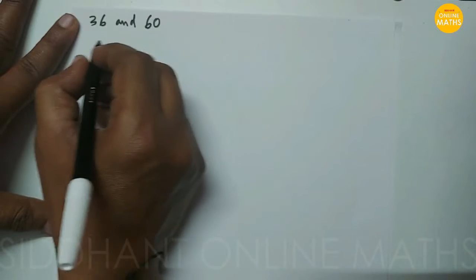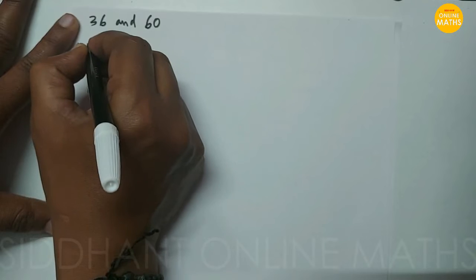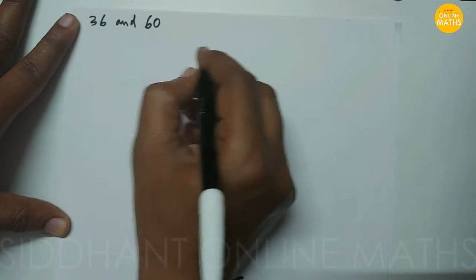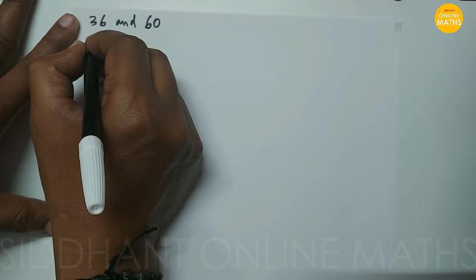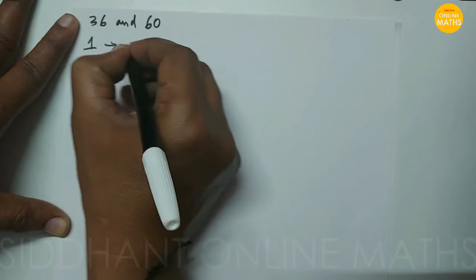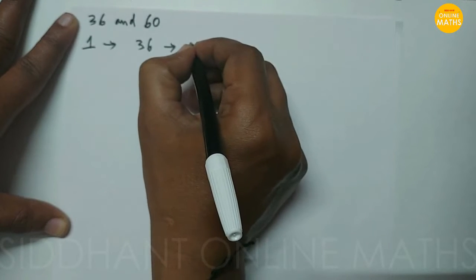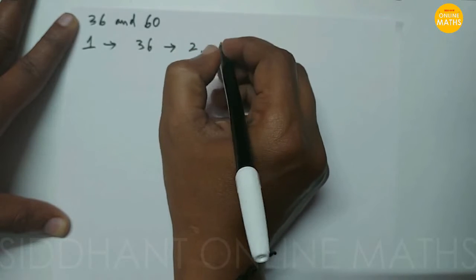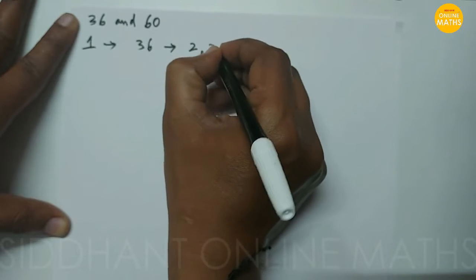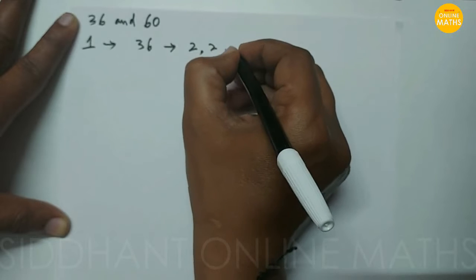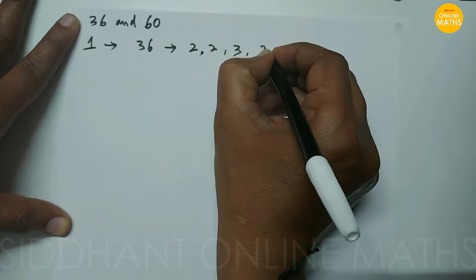So let's take the numbers 36 and 60. First we find the prime factors of the given numbers. First step, prime factors. For 36 the prime factors will be 2, 2, 3, 3.